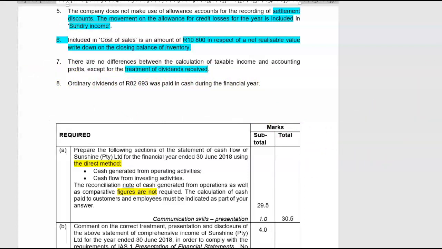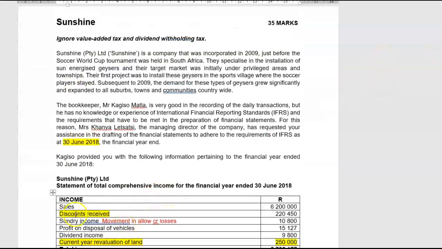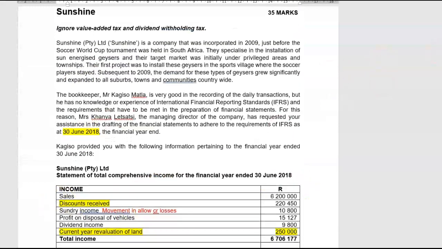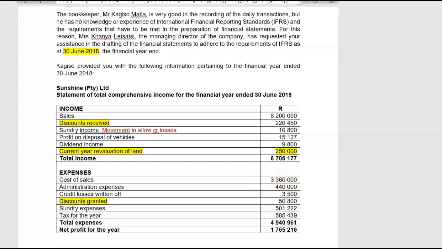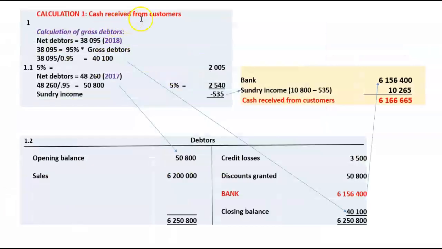Okay, so let's start then with our cash received from customers. Now, cash received from customers, we know that we need sales and we know that there were discounts that we've granted that we have to account for against sales. Now, in this question, there were credit losses and settlement discounts that I could have taken into account by going the short route.